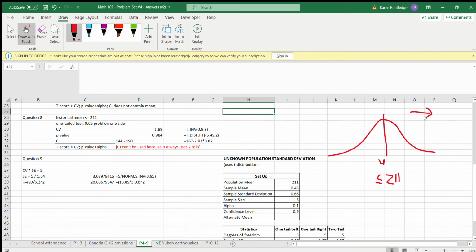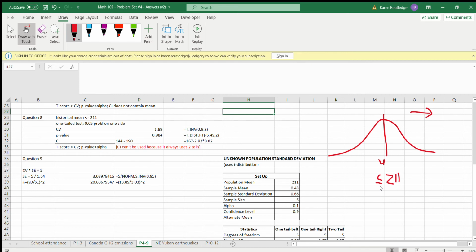That is the side that you will reject your null hypothesis from. And the other side is your null hypothesis. So I was interested in a right-hand test arbitrarily. Right hand is greater than my mean, a big number, so my null hypothesis will be less than or equal to 211.